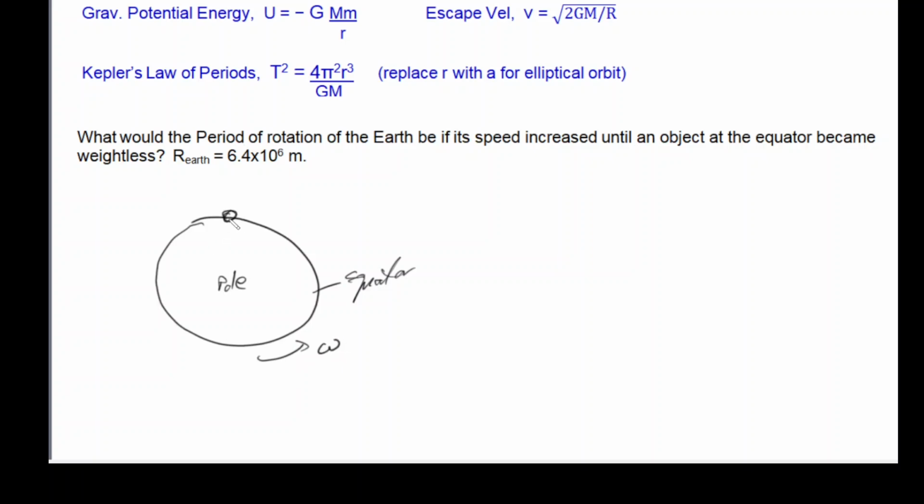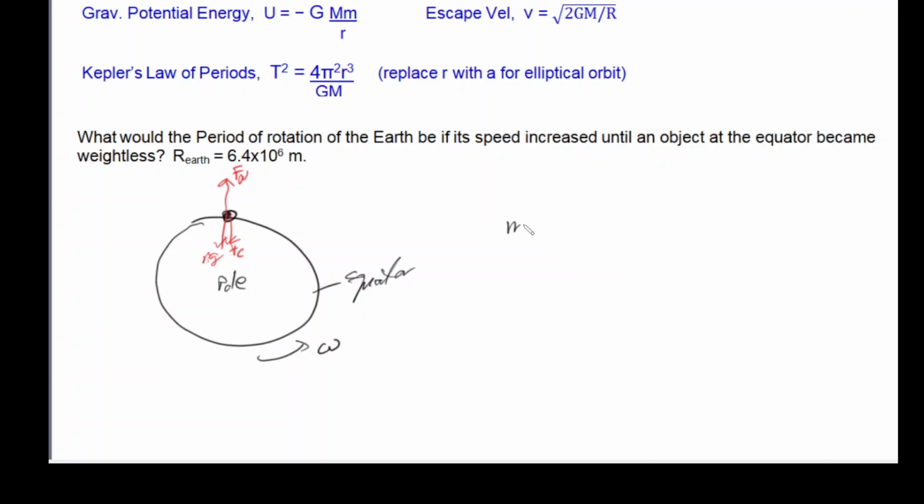So we have an object at the equator, and we have the weight towards the center of the Earth. We have the normal force pushing up, which is what we consider to be the weight. And we also have a centripetal force due to the Earth's rotation. So let's write our force equation.